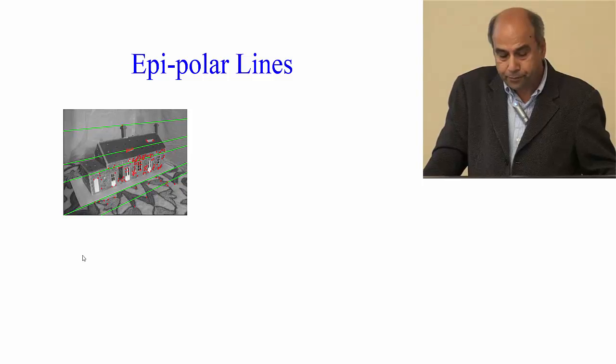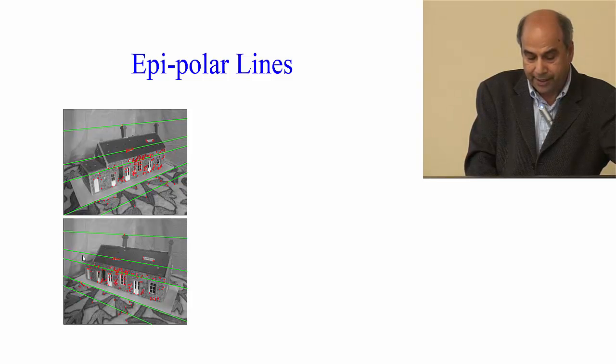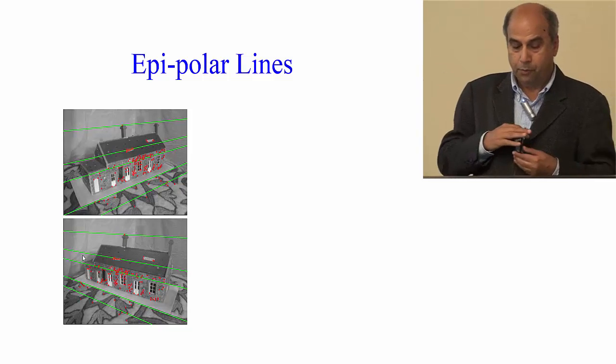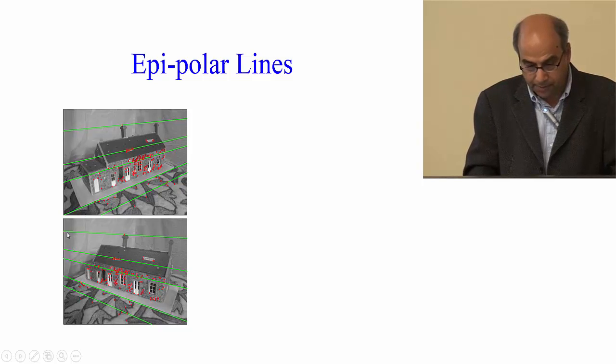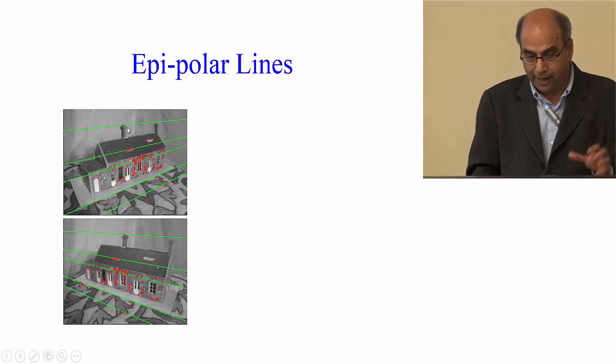Now we can use this fundamental matrix for these epipolar lines. This is one image, this is the second image. They are taken of the same scene from different viewpoints. If I look at this point, corresponding to this point, this is the epipolar line. So this point matches to the line. As you were asking earlier, when we find the match of the points, of course this point matches with this.